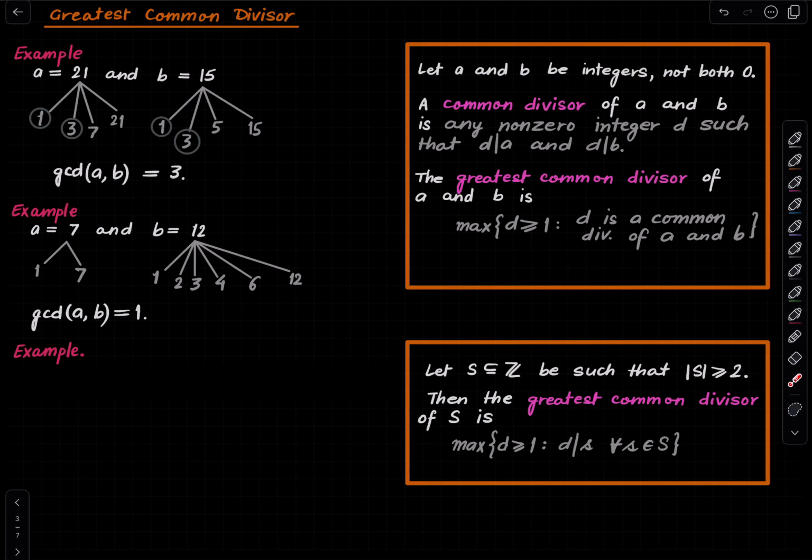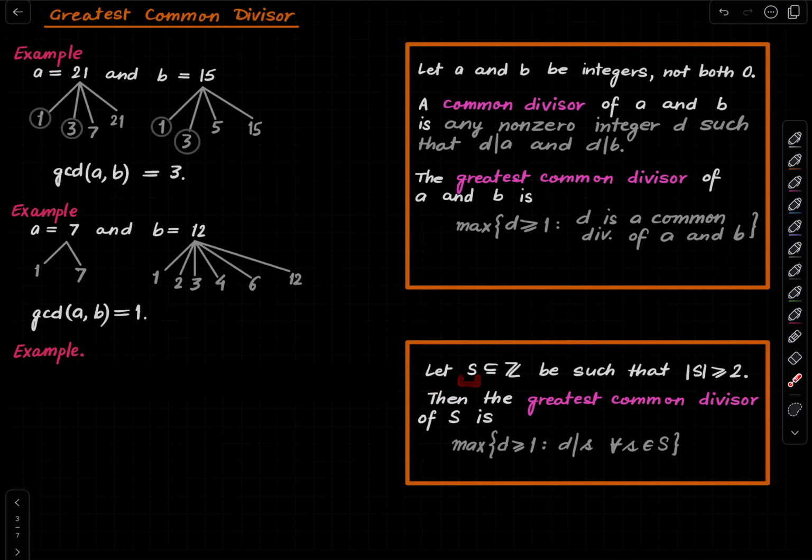If you take S as the doubleton A comma B, doubleton meaning a set containing 2 elements, this definition is the same as the definition of the GCD as we discussed above. So this just extends that definition, and in fact, it extends it to infinite sets.